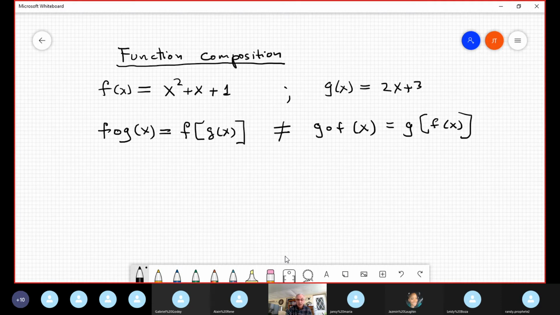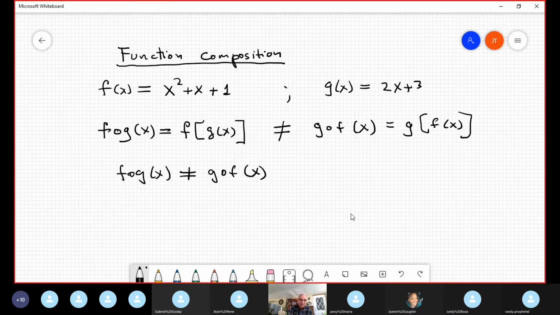No, it's completely different. In a particular example, yes, you may see throughout the course another example that satisfies this condition, but in general, F composition G is not equal to G composition F. In general, no. In a particular example, yes.